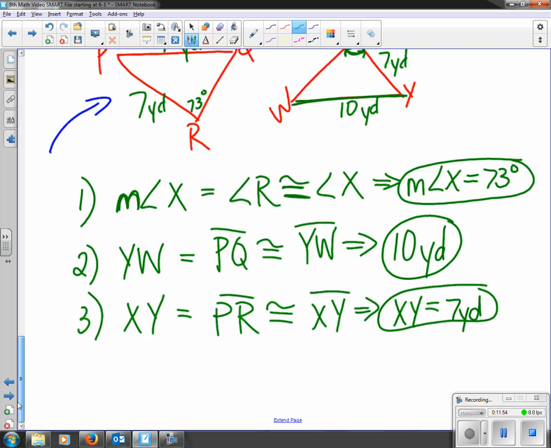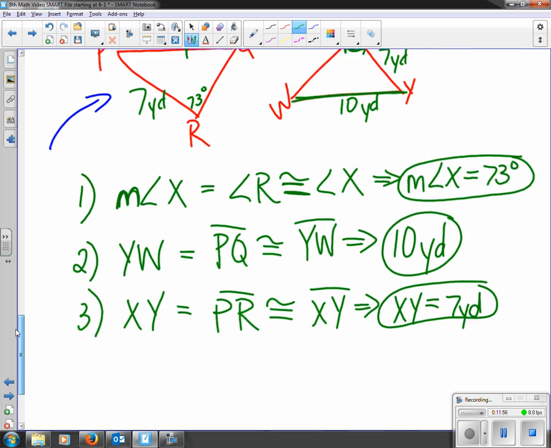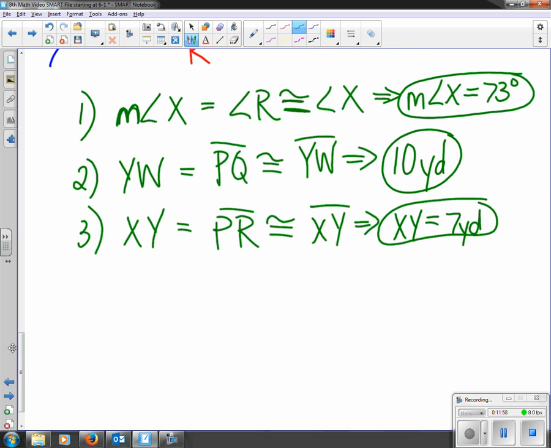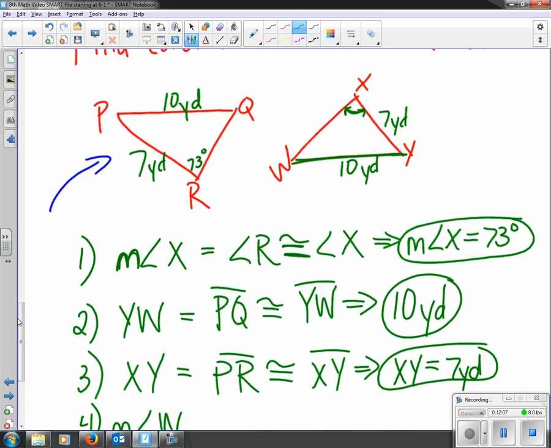All right, and last but not least, we have one more question. What is the measurement for angle W? Oh, it would help if I gave you some information.